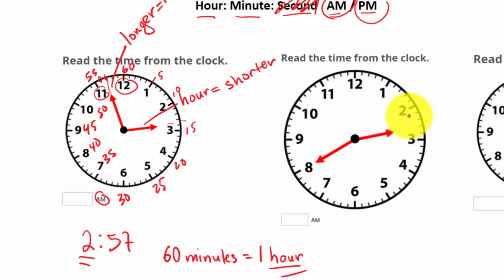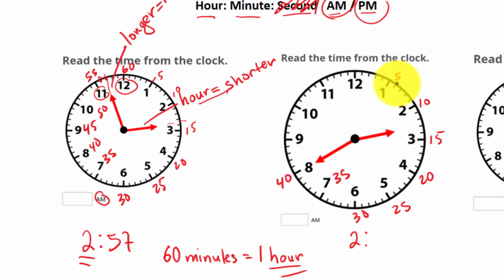So in this case, let's try another problem. Again, the shorter hand is the hours, and the longer hand is the minutes. So now we know this is 2. I'm going to write here 2. It's not 3 yet because we didn't pass 3. Then, going back again, it counts by 5. So this is 5, 10, 15, 20, 25, 30, 35, and 40.